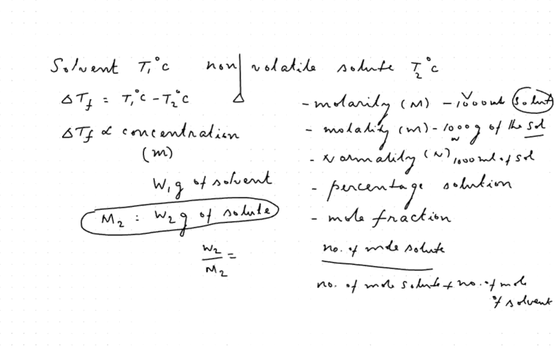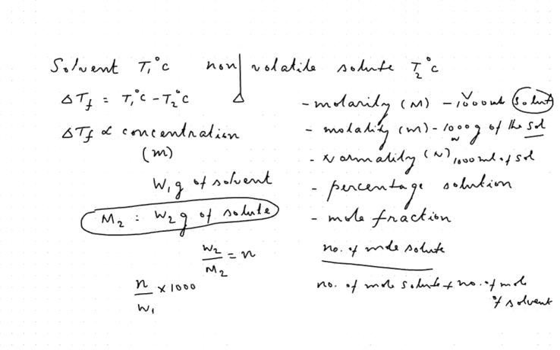W2 by M2 is the number of moles. So these many moles are present in W1 gram of the solvent, which means what would be the number of moles of solute present in 1000 gram.